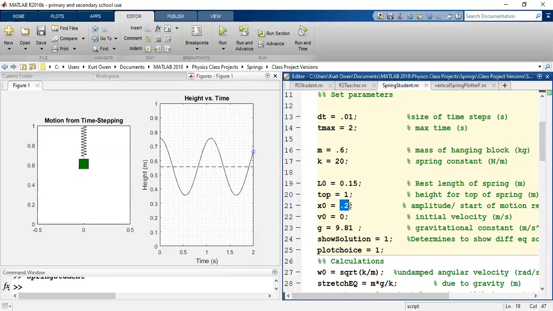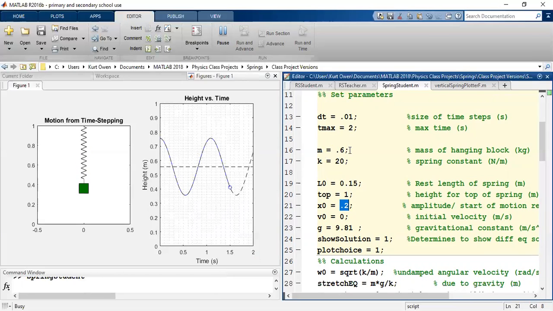The x naught, okay, that's the initial displacement from equilibrium, okay? So that will correspond to the amplitude of our motion. We started 0.2 meters away from equilibrium, and we didn't program in equilibrium. I'll tell you how we're going to get that later.